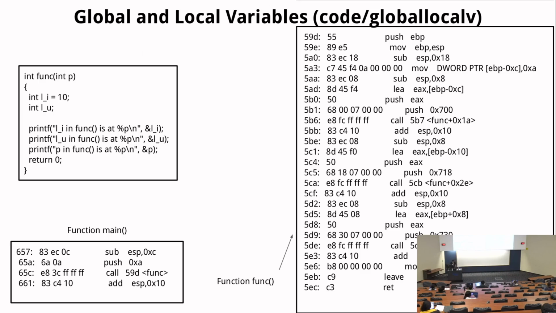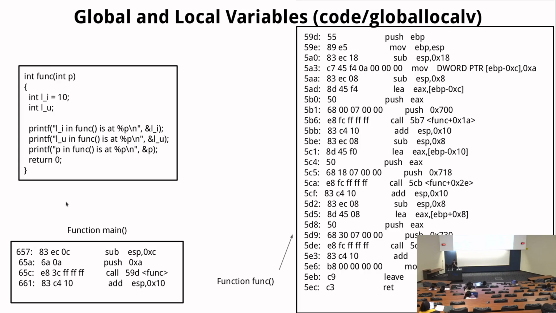This is the same program we just looked at, the one with global and local variables. This is the func function, and this is the main function. When we call in here, where's the main function?